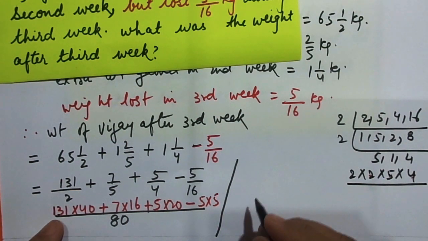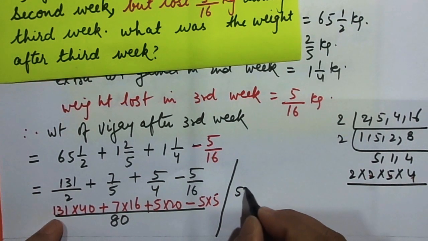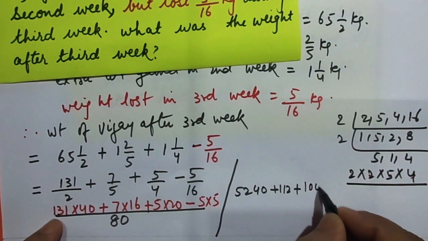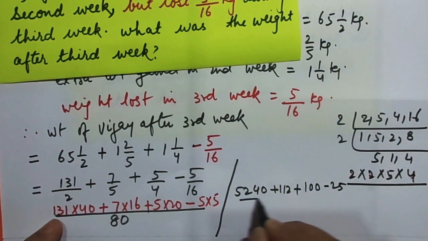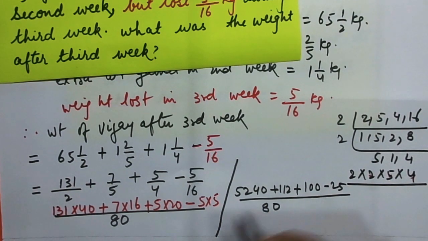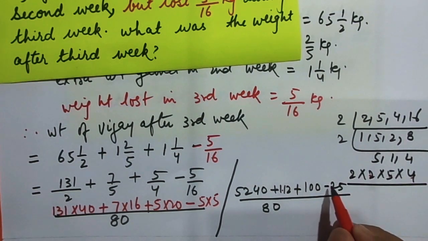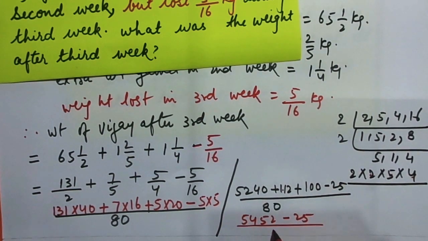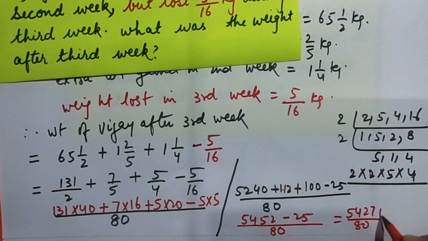Now let's multiply. So I'll get 5240 plus 112 plus 100 minus 25 divided by 80. Now when you add all these three, you are going to get 5452. 5452 minus 25 out of 80 is equal to 5427 by 80.